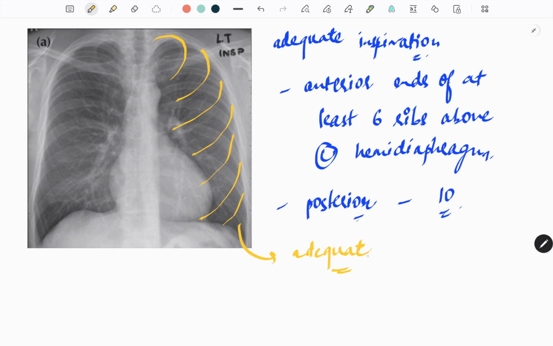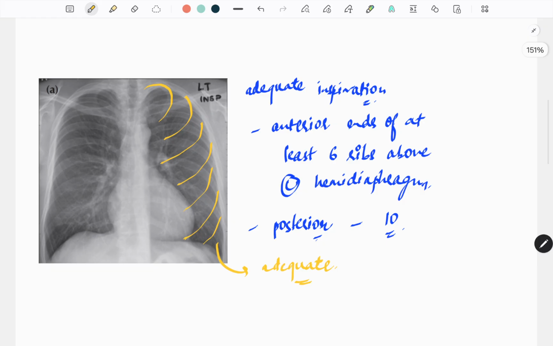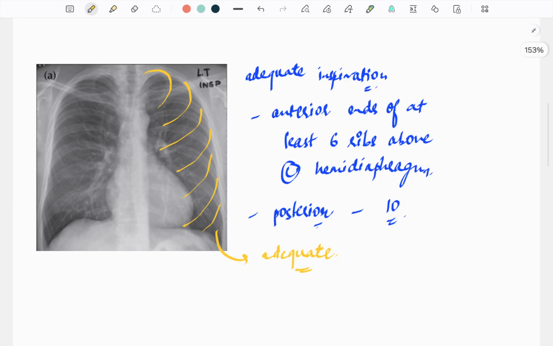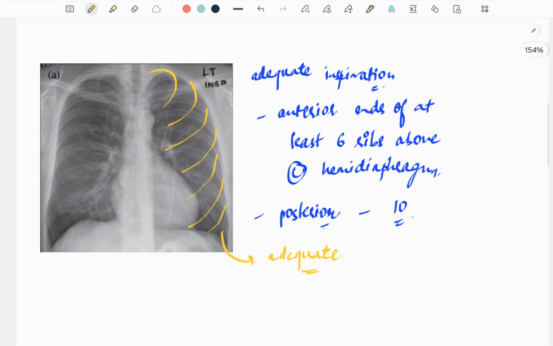This X-ray is adequate, taken on an adequate inspiration. And how do we achieve this adequate inspiration? We usually ask the patient to deeply inhale and hold that breath. Okay? For a PA chest X-ray, in the standard technique, we ask the patient to fully inspire and hold that breath while we give the exposure.